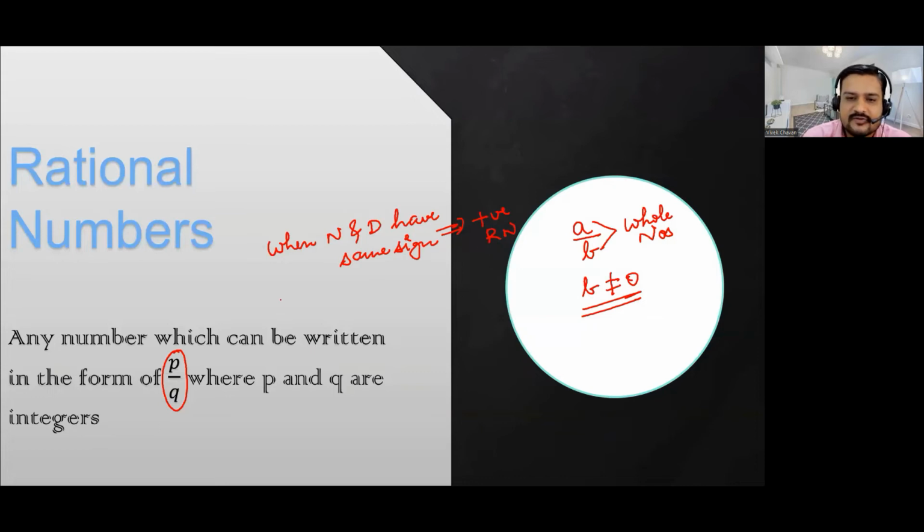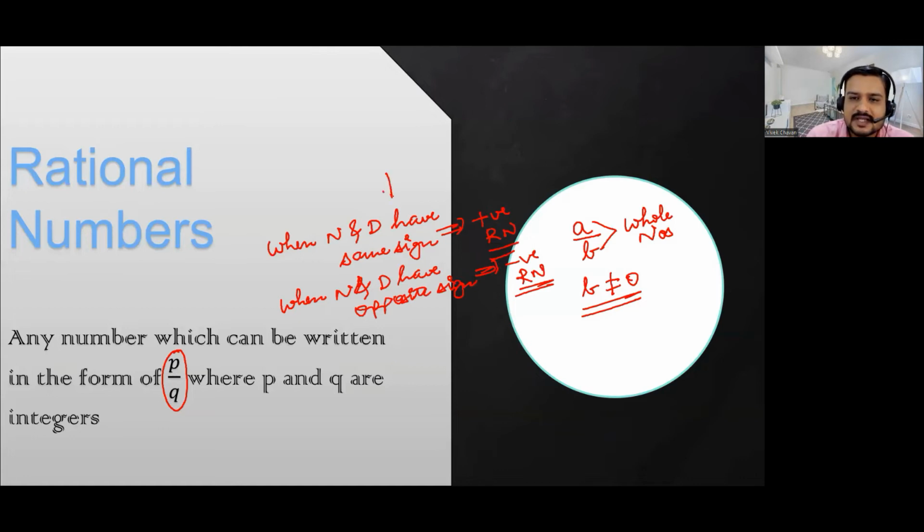Okay, and when numerator and denominator have opposite signs, then the rational number is a negative rational number. Is it clear to you? Positive rational number and negative rational number.